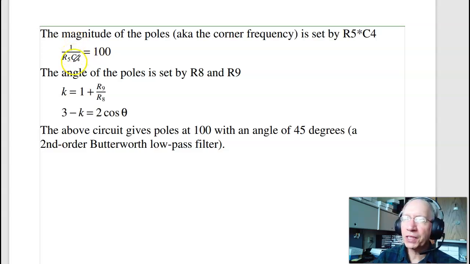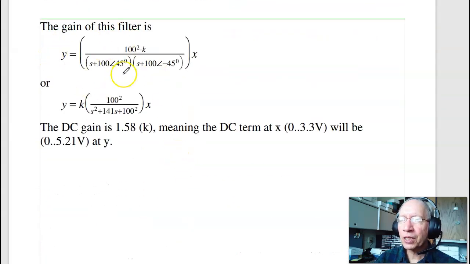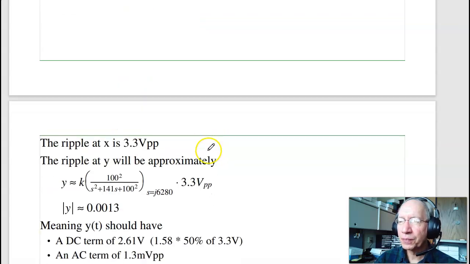Pick R, solve for C, or pick C, solve for R. To set the angle, that's the gain K. 3 minus K is 2 cosine theta. For a Butterworth filter, I want the angle to be 45 degrees. Solve for K. So grind it all out. Here's what I want. K should be 1.58, and 1 over RC is 100.